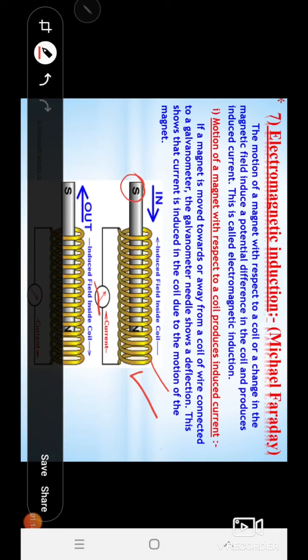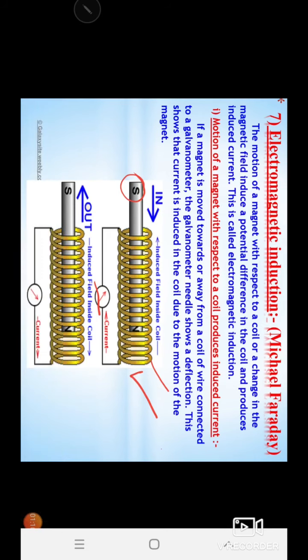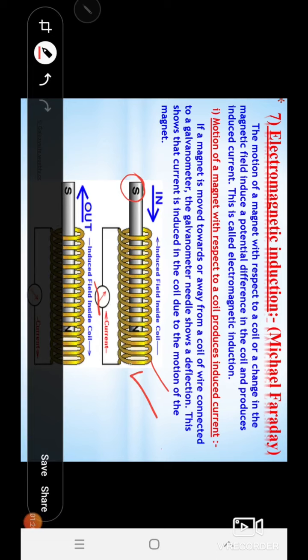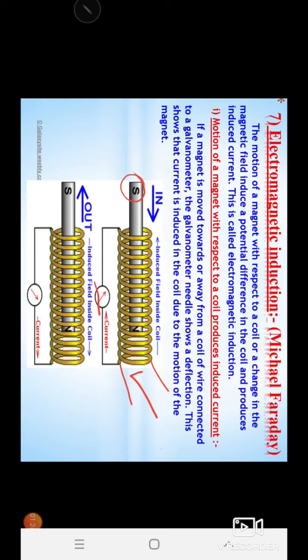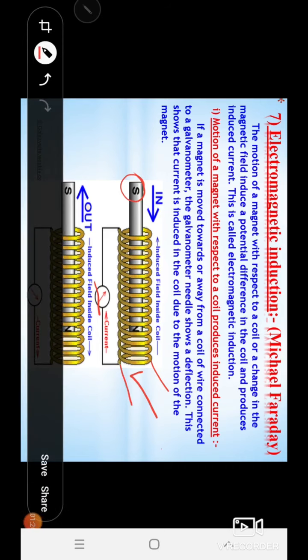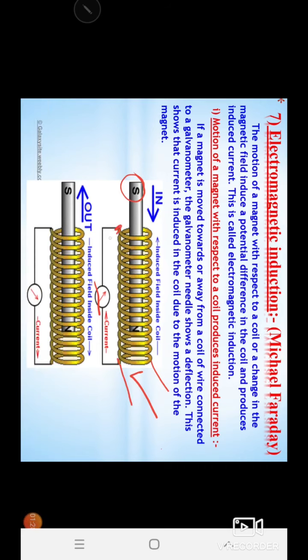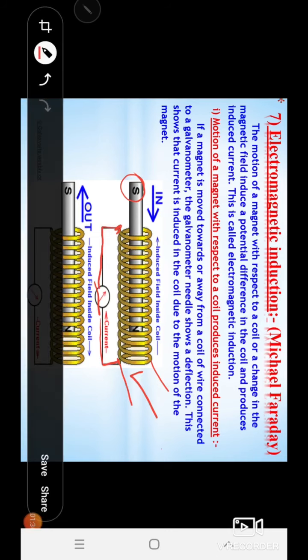Arrange all the equipment as shown in this diagram: arrange the copper wire in the form of a cylindrical shape, and the two terminals of the copper wire are connected to the ends of the galvanometer.